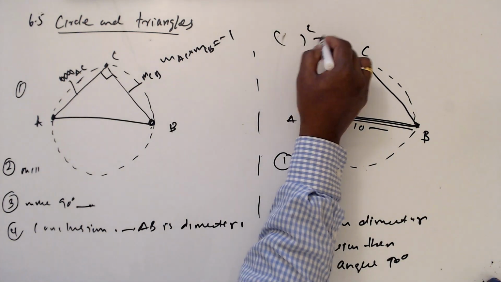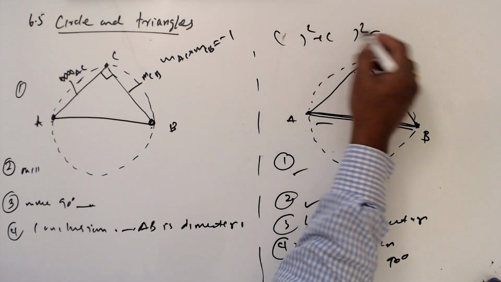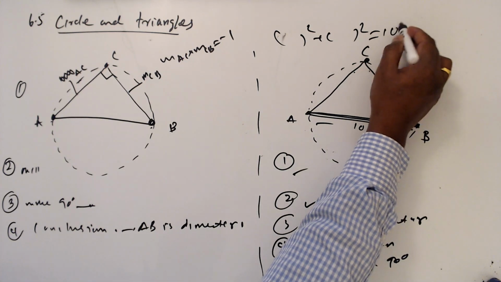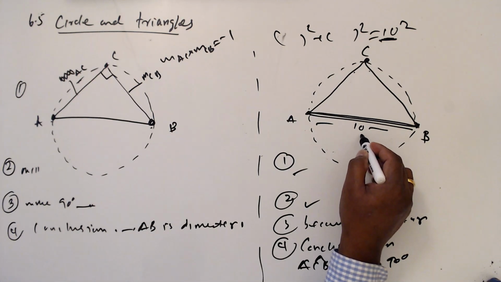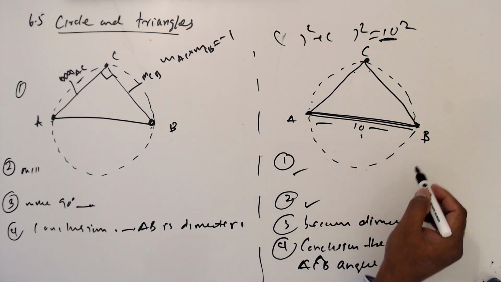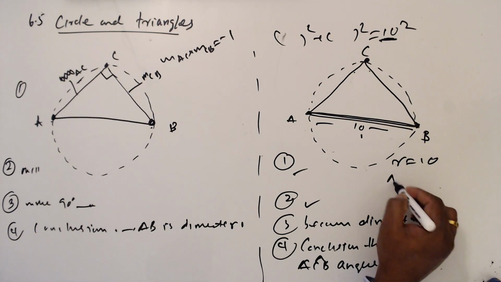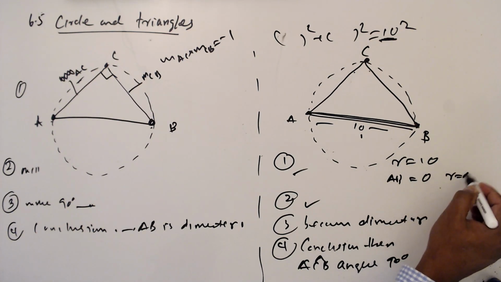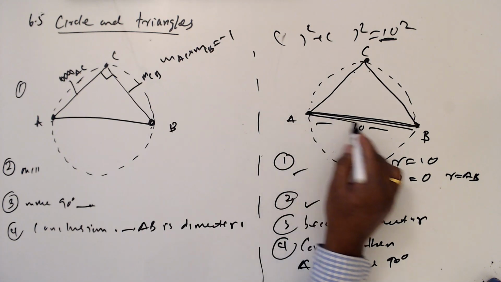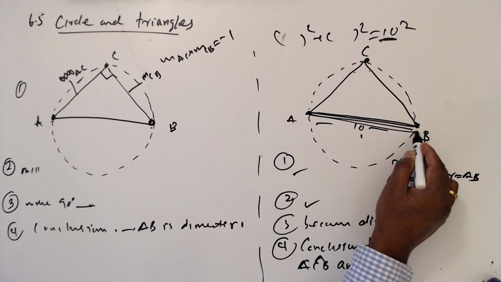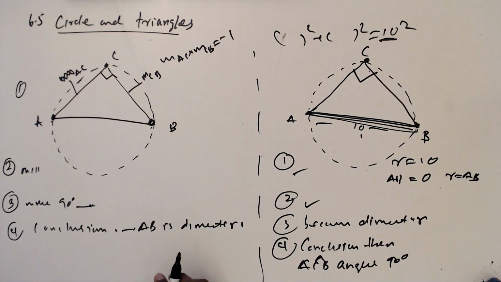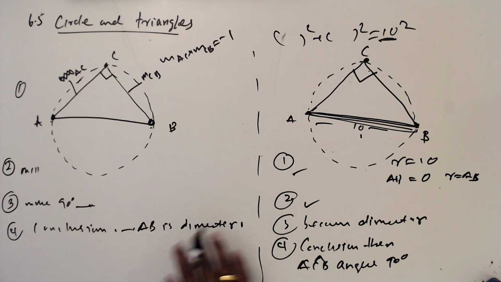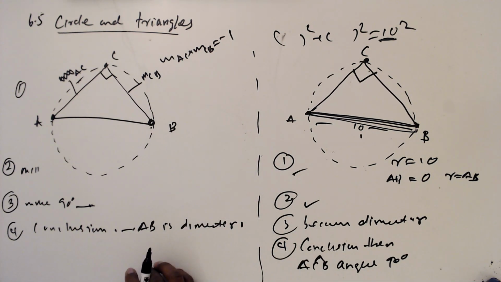From the circle equation, you will get this is 10 squared. Then you know this R equals 10. And this AB distance is also 10, R is 10, AB is 10, then R equals AB. Hence AB becomes a diameter. Hence this ACB is 90 degrees. That's all basically inside the next few sums.